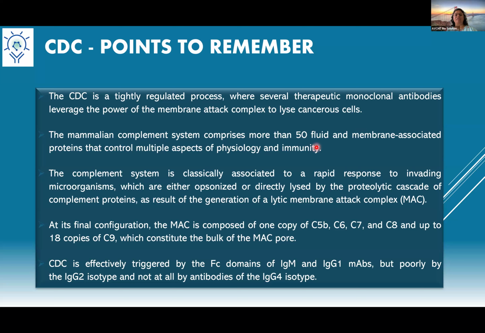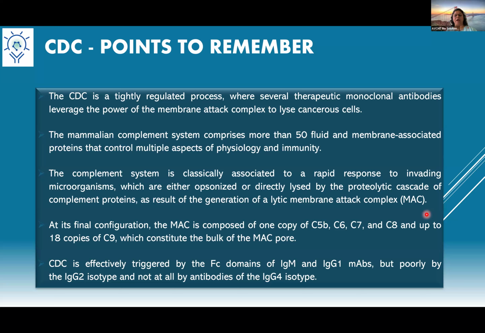There are about 50 different fluid and membrane-bound protein components of the complement system that control multiple aspects of physiology and immunity. The complement system is classically associated with a rapid response to invading microorganisms which are either opsonized or directly lysed by the proteolytic cascade of complement proteins as a result of generation of the lytic membrane attack complex that we saw in the previous slide.